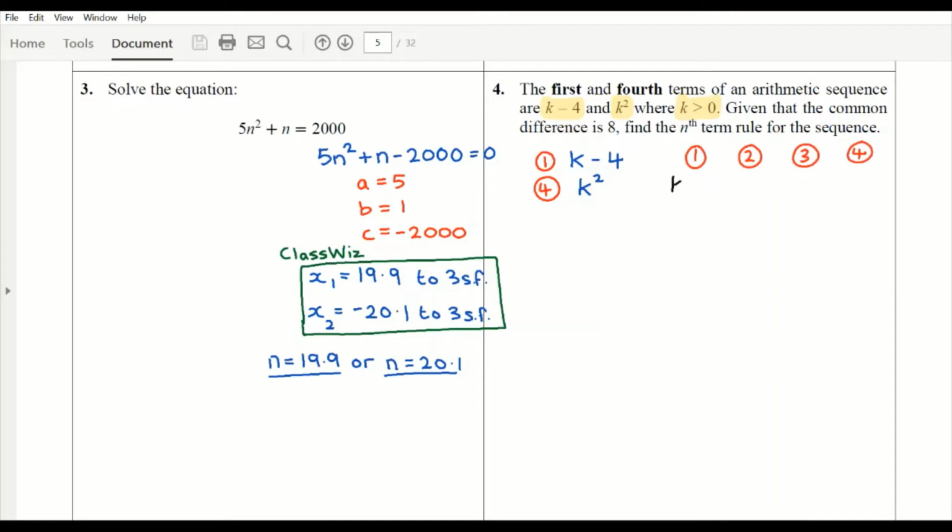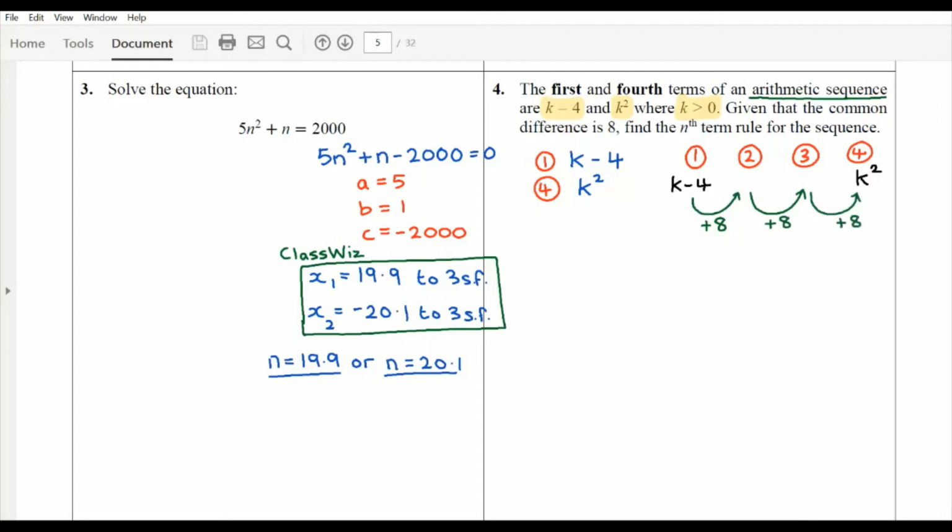This is k subtract 4, and this is k squared.